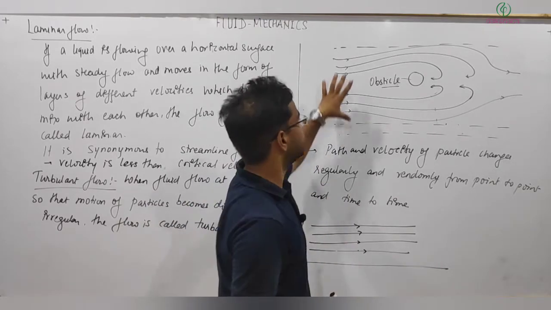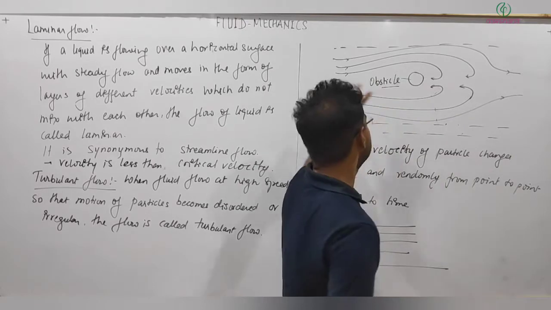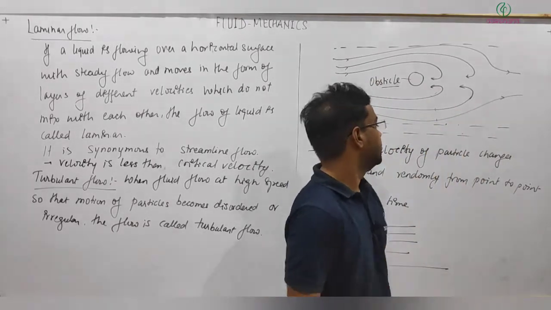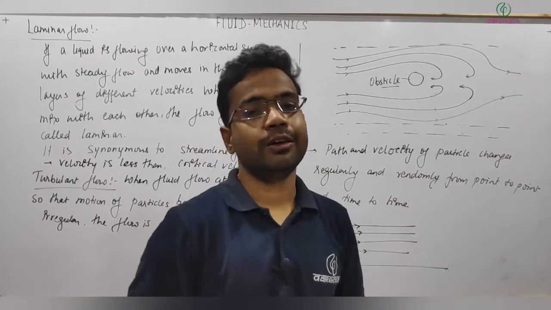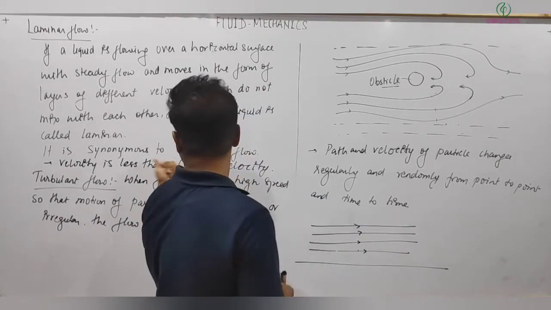Let's say initially it started and then some disturbance comes, or sometimes the speed is higher, then it keeps on mixing, and the velocity and path of the particle keep changing randomly, so we call that turbulent flow.